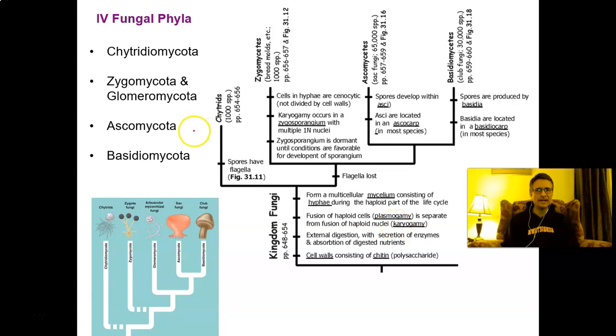Now we're going to take a look at major phyla, and we're going to start with the Chytridiomycota, which are generally considered to be one of the more evolutionarily ancient phyla for reasons that we'll see in just a moment. We're then going to take a look at the Zygomycota, and I'm also going to briefly mention the Glomeromycota as well.